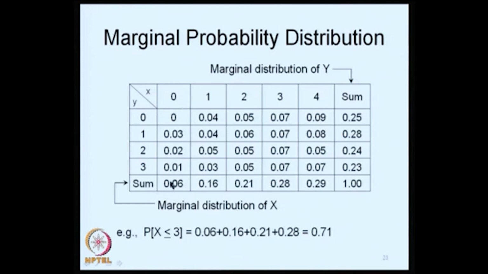Similarly, you look at the marginal sums over the columns here. So, this sum here indicates the probability of x is equal to 0 and y is equal to 0, plus x is equal to 0 and y is equal to 1, x is equal to 0 and y is equal to 2 etcetera. So, this is the probability of x is equal to 0 irrespective of the value of y, because we are summing over all the possible values of y.